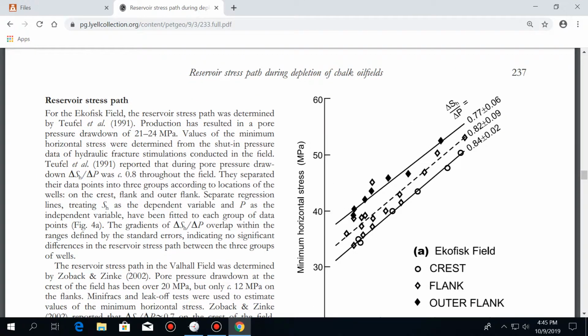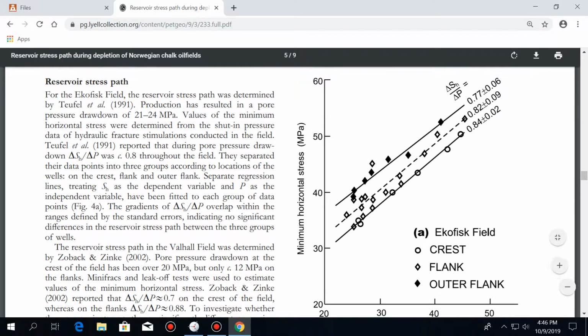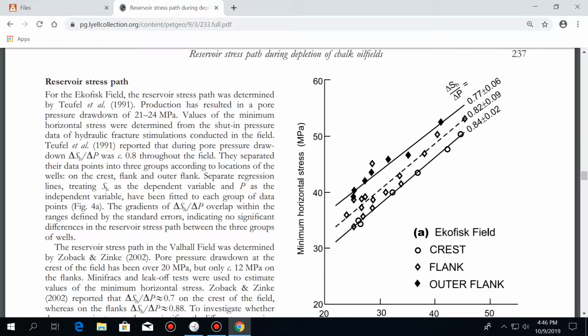And you see over here that for this particular field in the North Sea, these changes are about 0.77, 0.82. So a little bit in the range of somewhere over here.